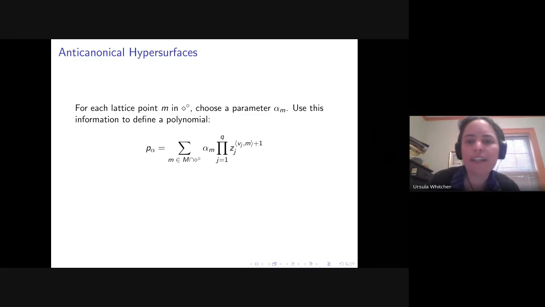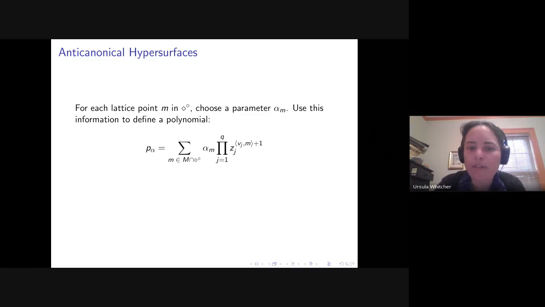Now, that's just giving us toric varieties, but I actually want to look at hypersurfaces. So for each lattice point in my polar polytope, I'm going to choose a parameter, and I'm going to make one monomial for each of them.